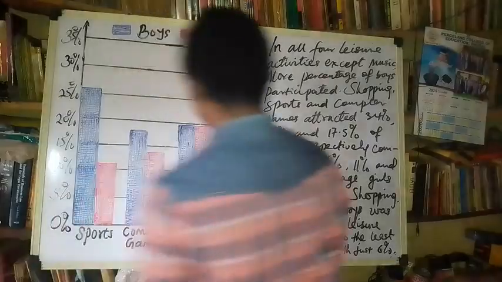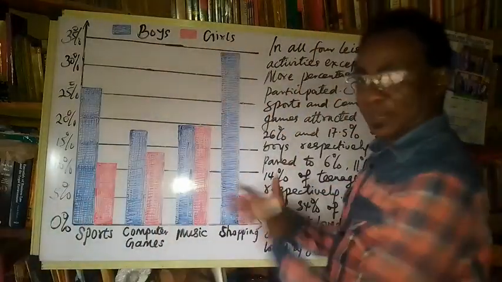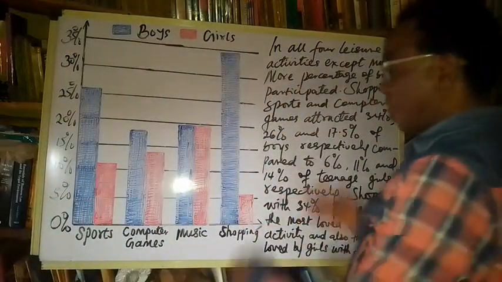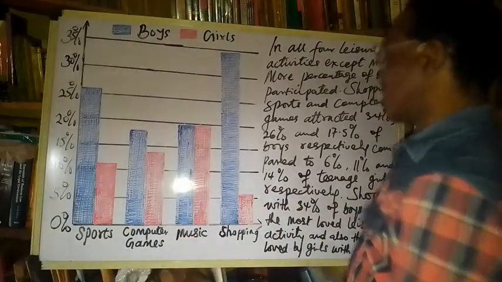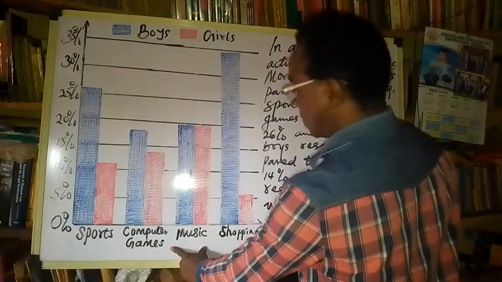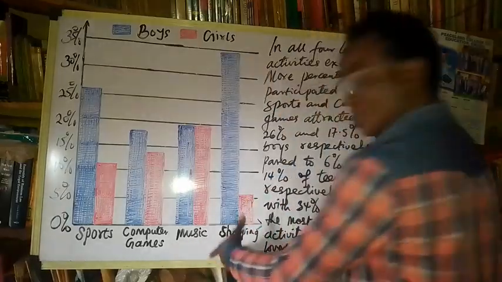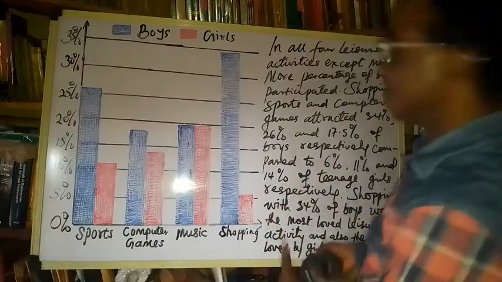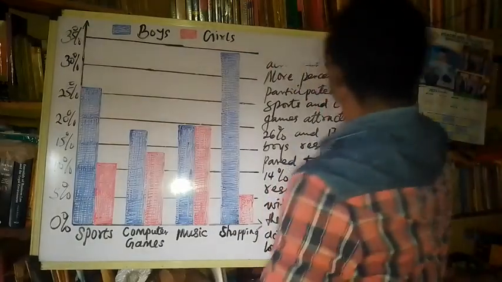Now we conclude by talking. You've seen the comparisons going on here, comparing this percentage to the other. Now the leisure activity we've not talked about is music, and it should also be a part of this paragraph.